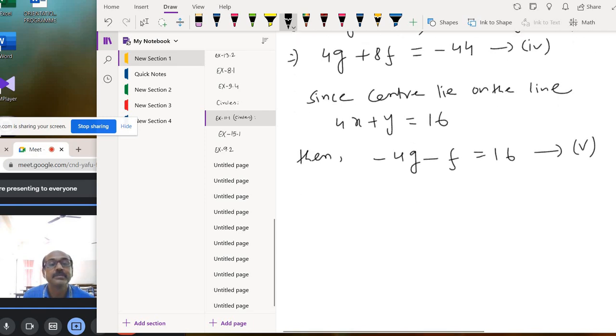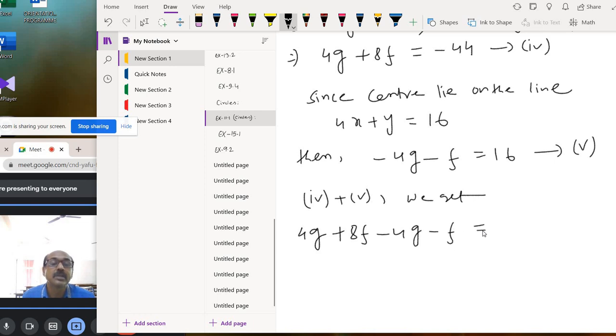Now adding 4 and 5. Write equation 4 first: 4g plus 8f, then equation 5: minus 4g minus f, equal to minus 44 plus 16.